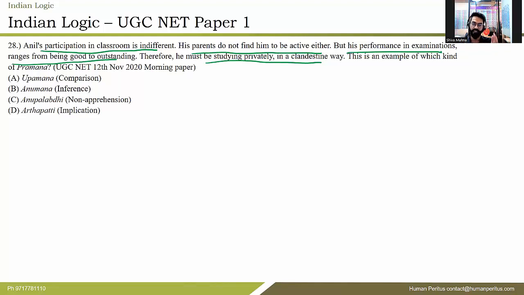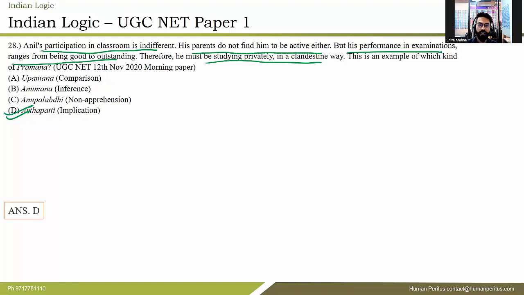If this is not happening, then for sure the other thing is happening. He's not studying in the class. Even his parents think he's not studying in front of them, but his performance is good. That means he must be studying somewhere else. Right? So that is implication. Implication means Arthapati, Arthapati in Indian logic.